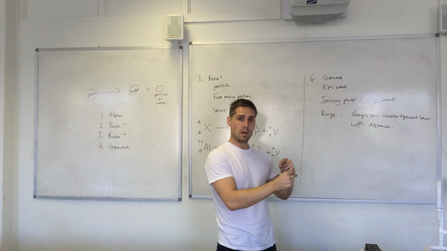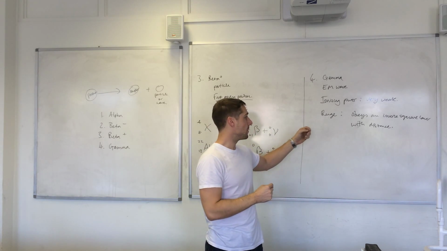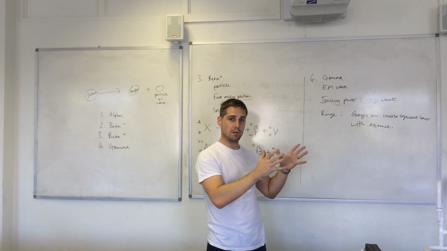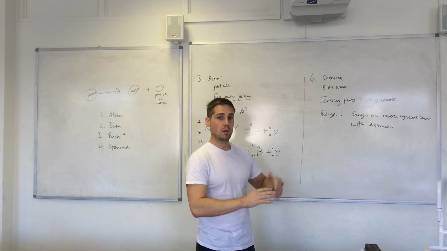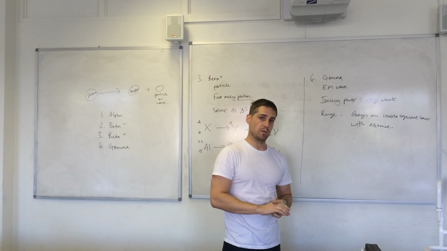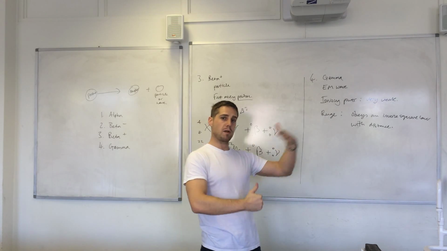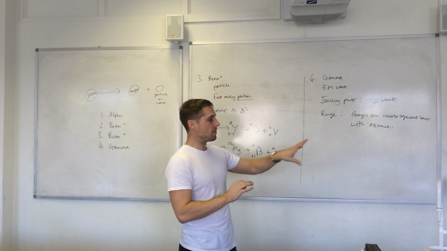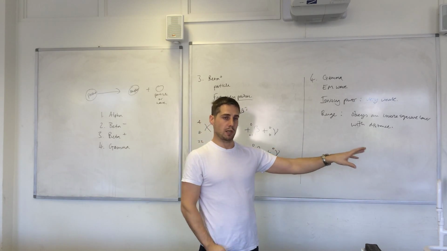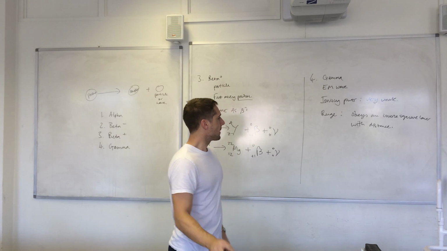So if you double the distance, then the intensity of the radiation being emitted from your unstable nucleus will fall to a quarter of the initial value. So basically, the further away you get, the weaker the radiation is. Not as much radiation is reaching that range.